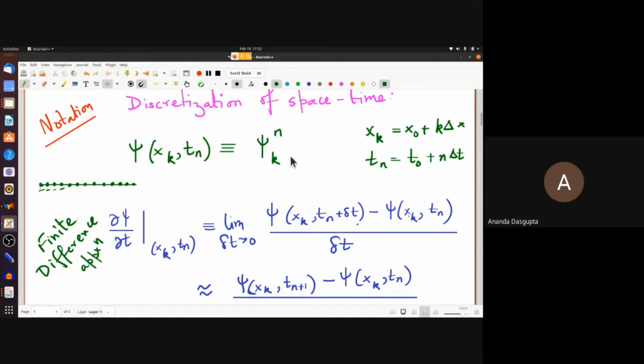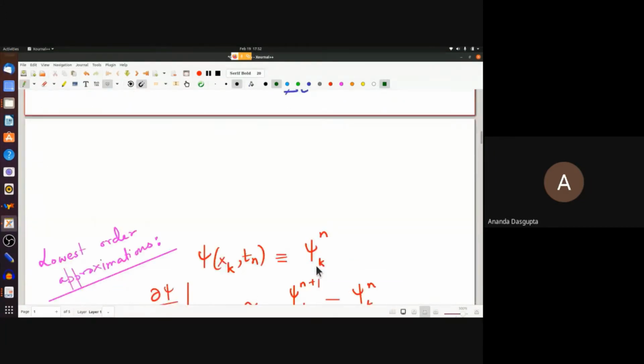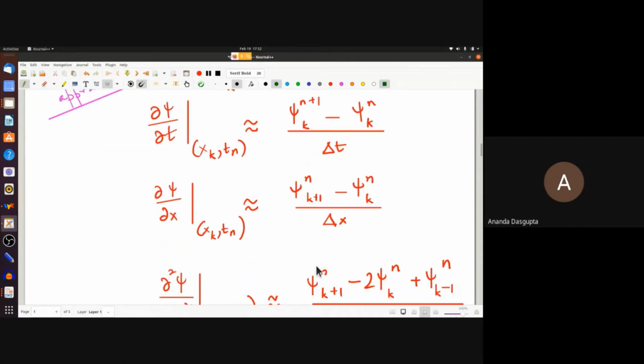The space label is below. No reason except that it's convenient to keep them separate so that you can see exactly what we are doing. So this is, of course, del psi del t: both psi k's, but one at n plus 1, one at n, and you divide by delta t. Of course, this is something which you have all done before.